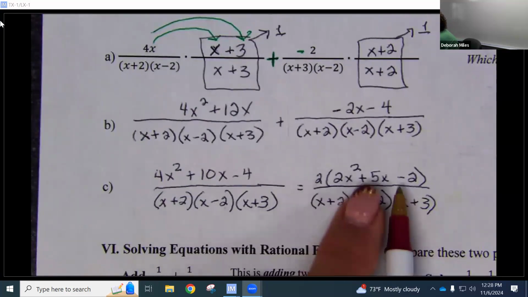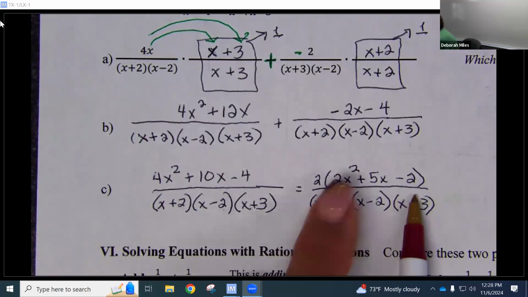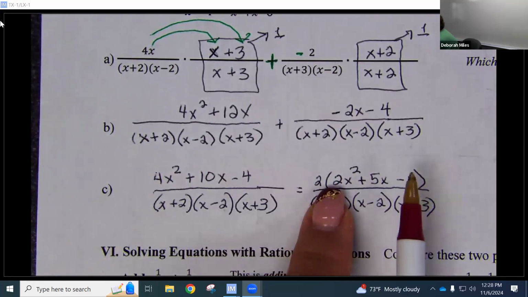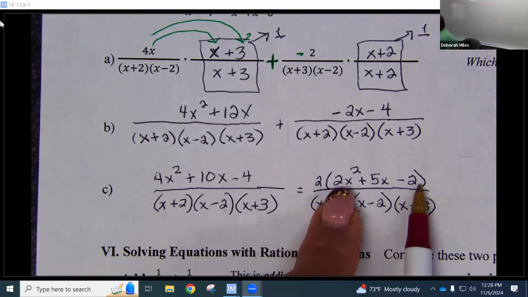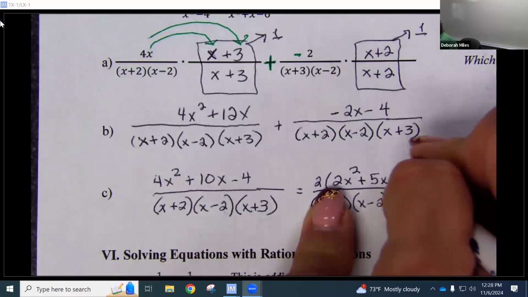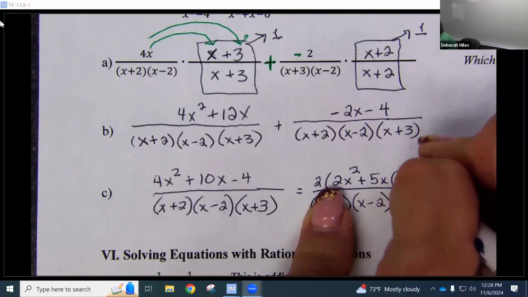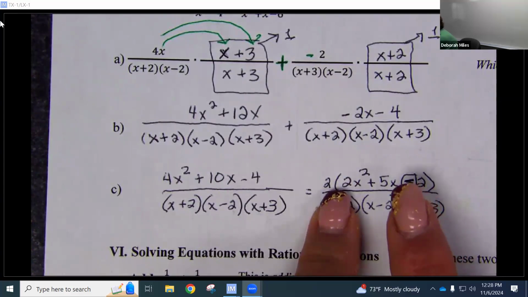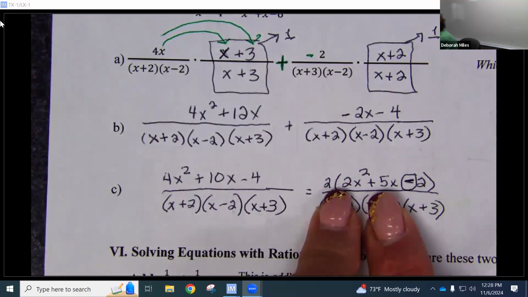Then, if I factor that further, it's the hard kind of trinomial. Hard kind of trinomial is where I have to multiply the constant times the coefficient, 2 times 2. And ask myself, are there factors of 5 that have a what? That last sign being negative means I want factors of 2 that have a difference of 5.